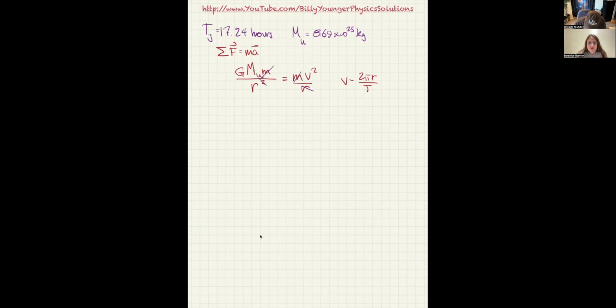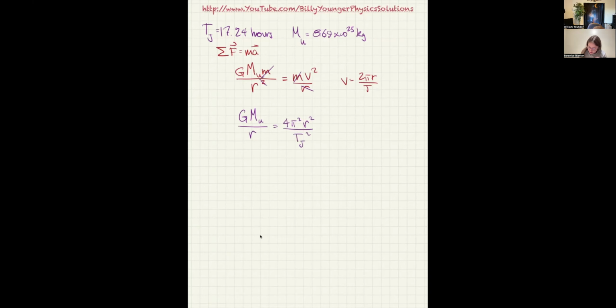Now that I have all that, I can more or less convert this to Kepler's third law, because I've got G M Uranus over r is equal to 4 pi squared r squared over T Jupiter squared.